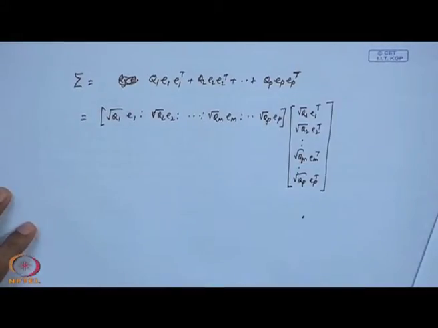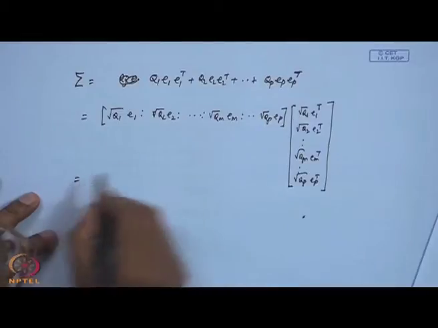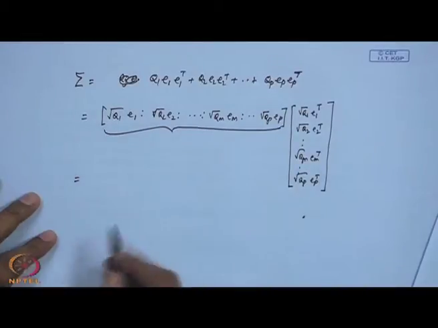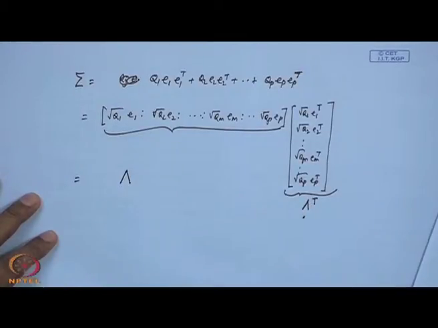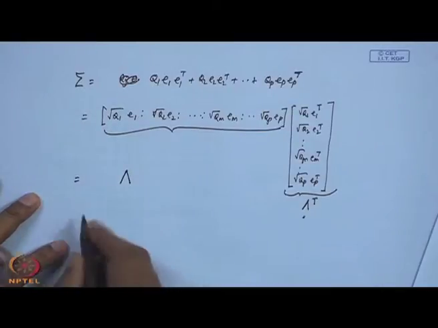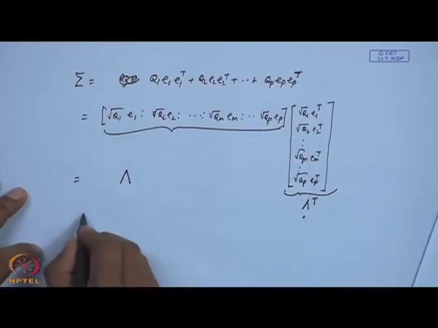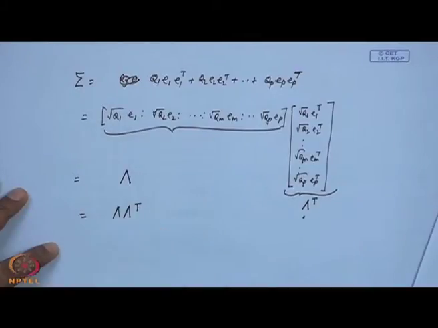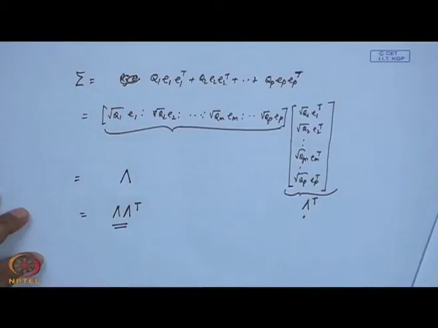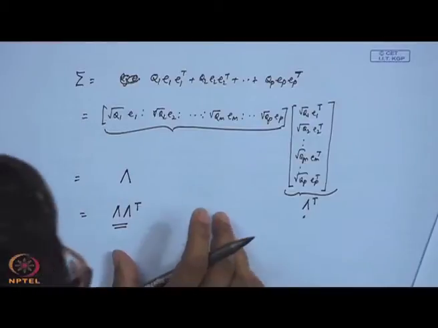Okay. So, if we denote this first portion as Lambda, then this will definitely be Lambda transpose. So essentially we are writing that Sigma is Lambda Lambda transpose, and it is possible. You can verify this.